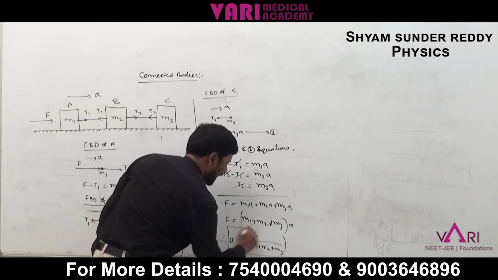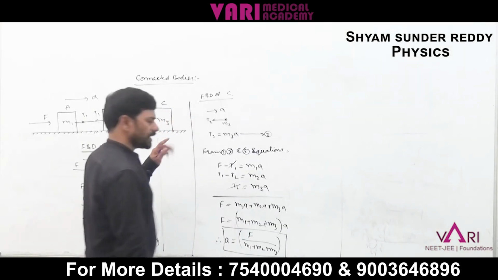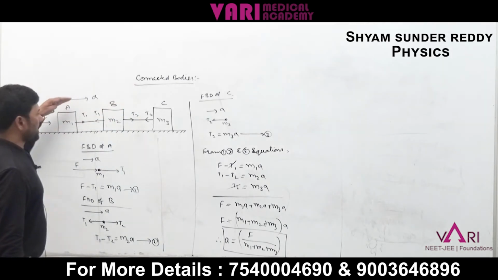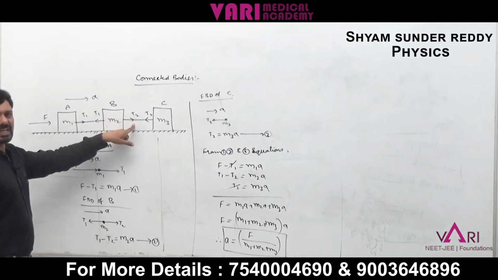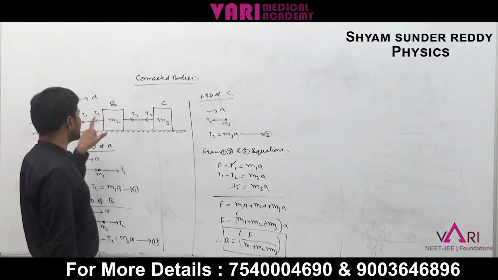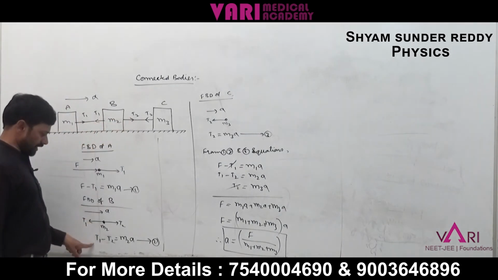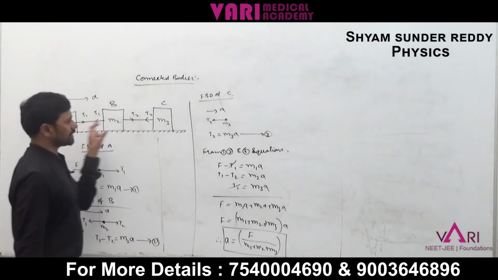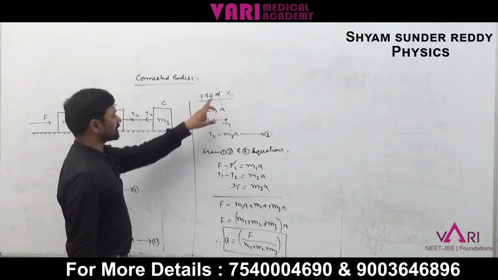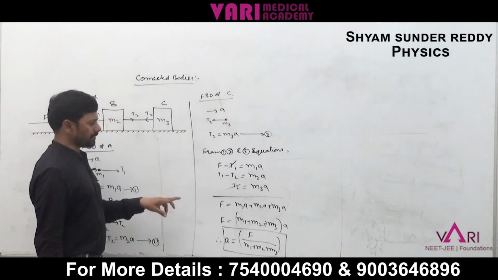This is the acceleration. The block is moving in the forward direction, that's why T1 is more and T2 is less, so we can take T1 minus T2 is equal to M2A. And from the FBD of C, T2 is equal to M3A.